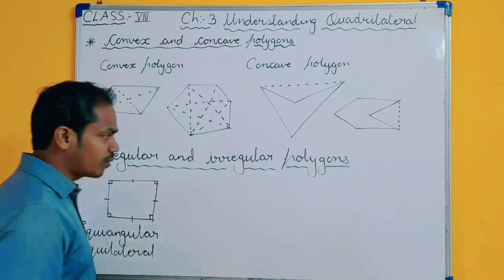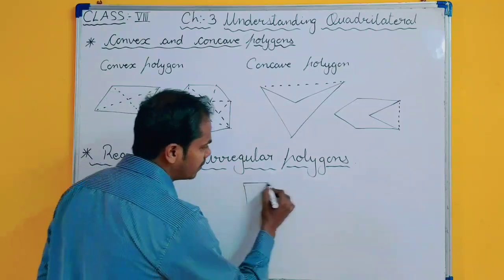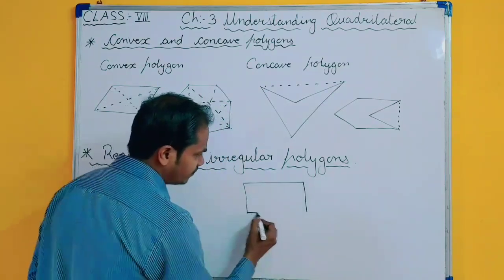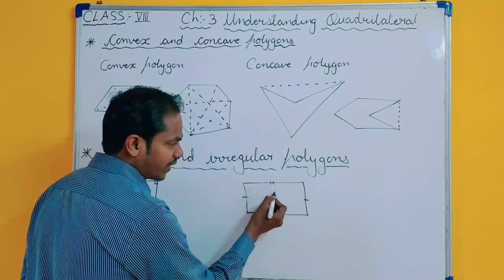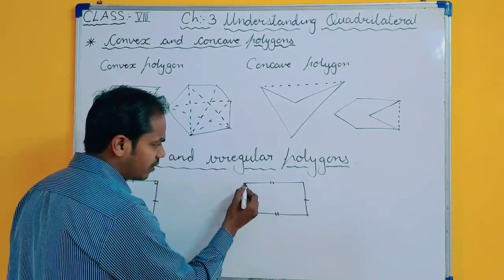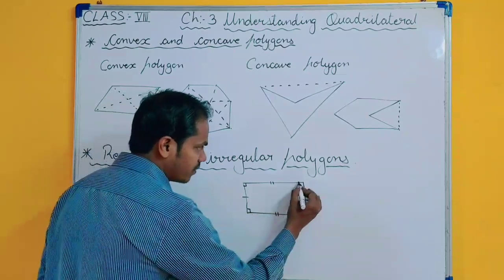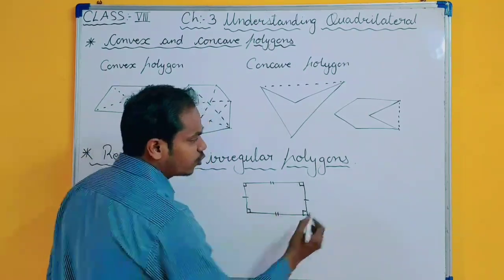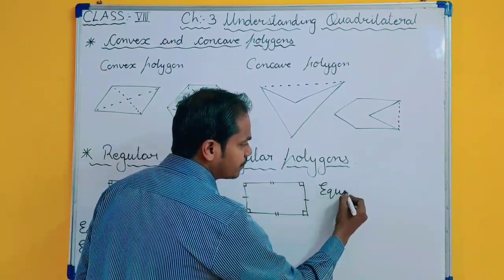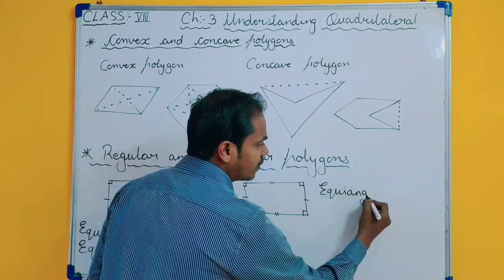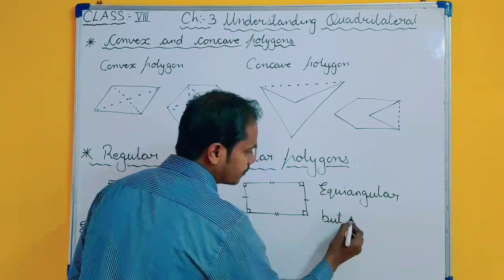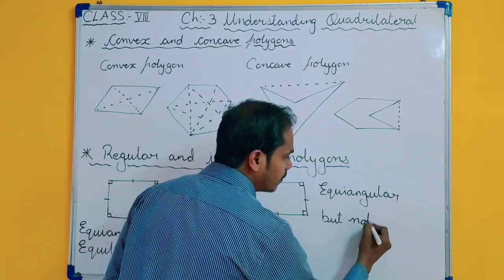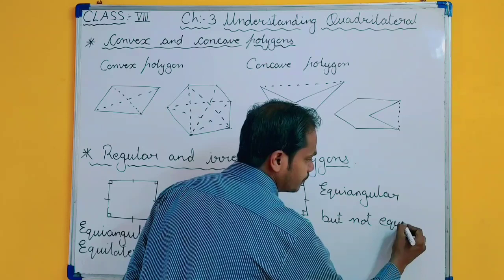And what is an irregular polygon? Take one example. I have taken a rectangle. You know that opposite sides of a rectangle are equal and all the angles measure 90 degrees. You can say it is equiangular but not equilateral.